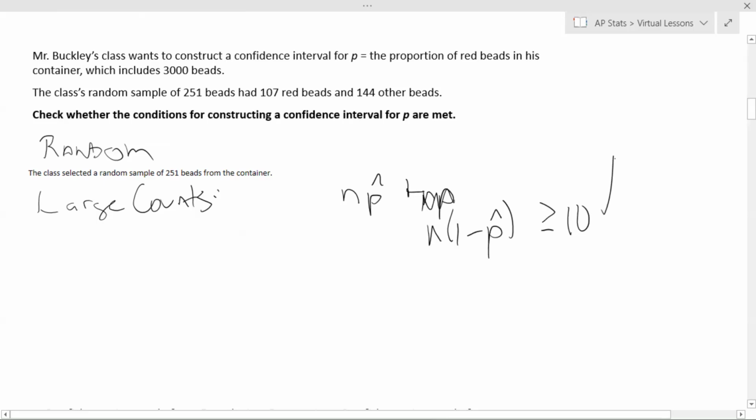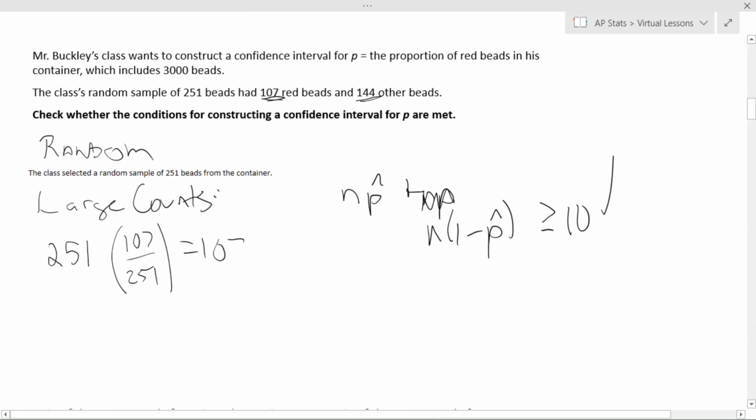You can't just do that. You have to show the actual calculations. So n is the sample size, 251, times the proportion, which would be 107 over 251. I mean, they just gave us that it's 107 red beads and 144 other beads, and we could say that both of those are greater than or equal to 10.